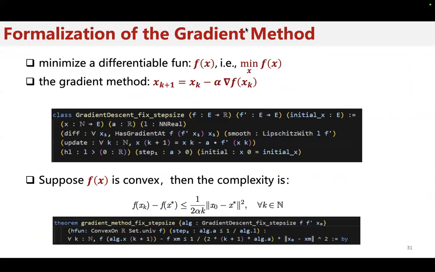Let me give you an example. This is a gradient-type method for an unconstrained optimization problem. Suppose the function is convex and the gradient is Lipschitz continuous, then we know after k iterations the difference of the function values is O(1 over k). That's a theoretical analysis, right?